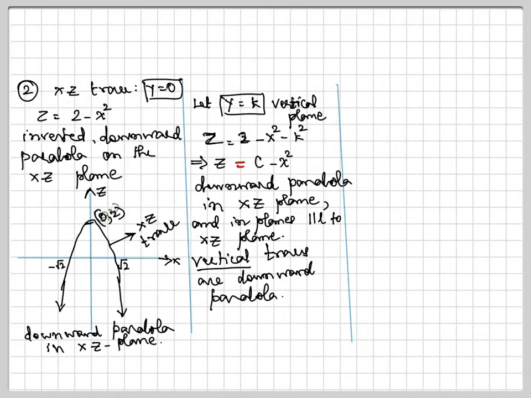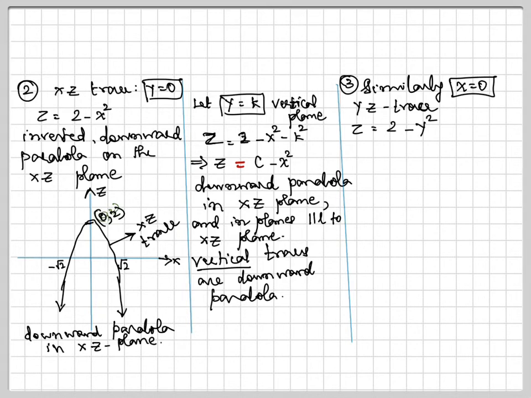Now let's find out the yz trace. Similarly, we can set x equal to 0 for the yz trace. So in the equation, if you substitute x equal to 0, you get z equal to 2 minus y square, which is a downward parabola on the yz plane.